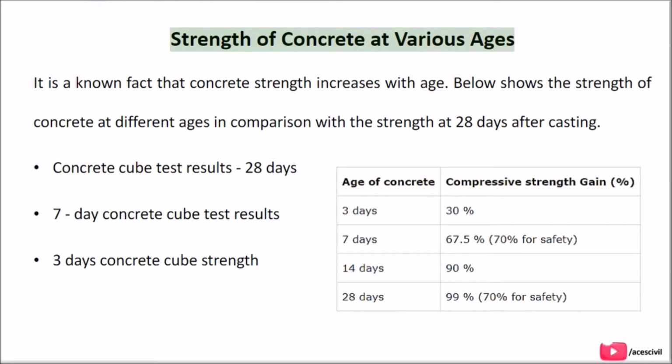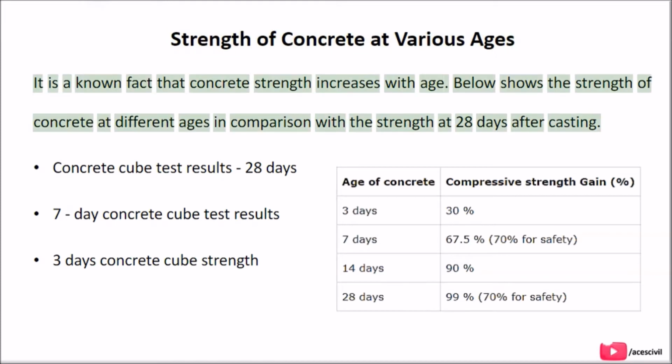Strength of concrete at various ages. It is a known fact that concrete strength increases with age. Below shows the strength of concrete at different ages in comparison with the strength at 28 days after casting.